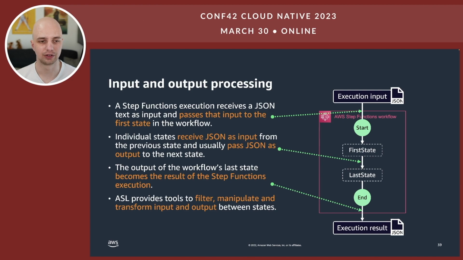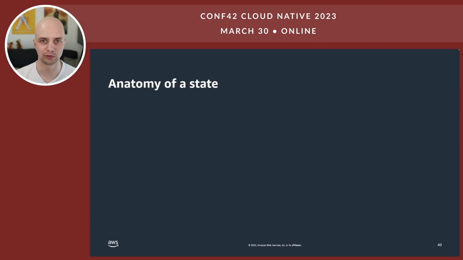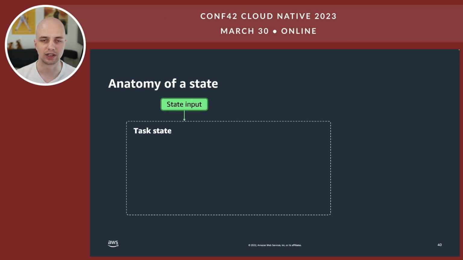ASL now has different tools to manipulate these inputs between the states. So let's look at the anatomy of a state and what you can do to modify this input. So of course, first you have the state input, and this state input is passed to the task. Now you can start to modify this input in the task already before executing the task.